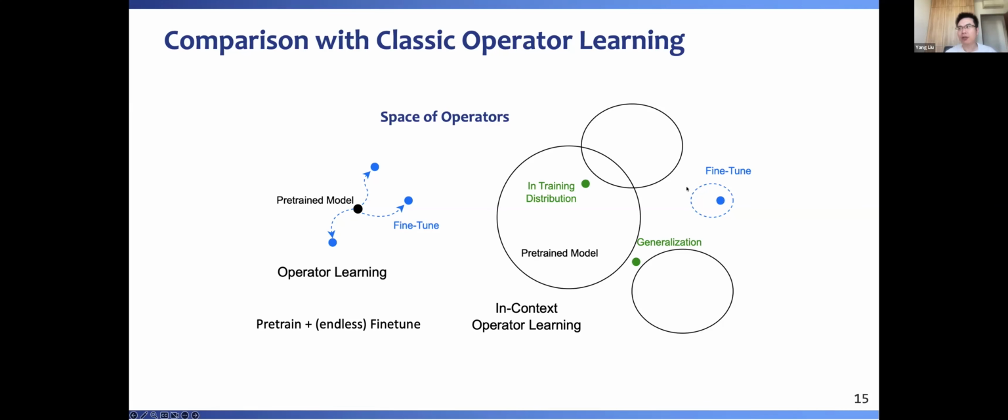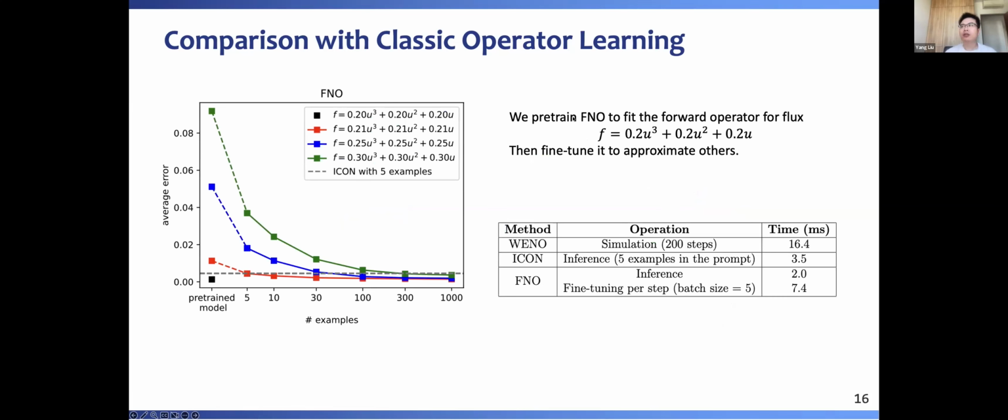Basically, we present F1 to fit the forward operator of flux. So this is exactly the conservation law. This is F, and then we fine tune to approximate others.